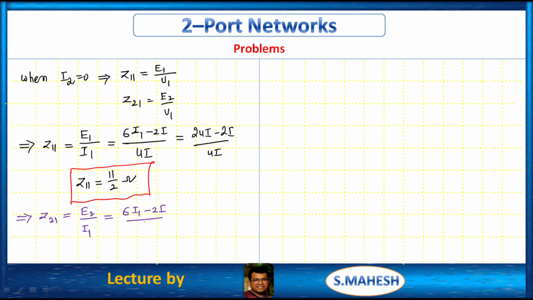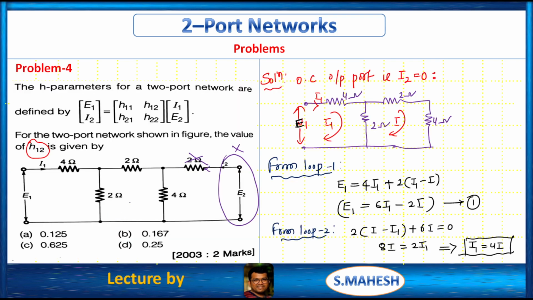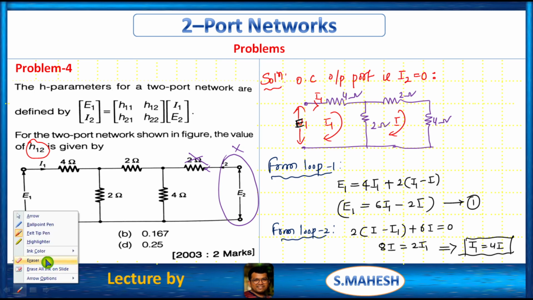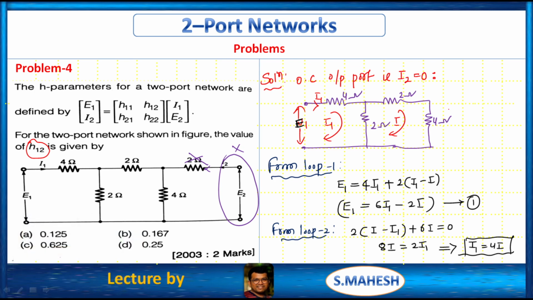E2 is 4I. When I2 is equal to 0, this is E2. The current through this branch is nothing but I. So 4 into I is nothing but E2.